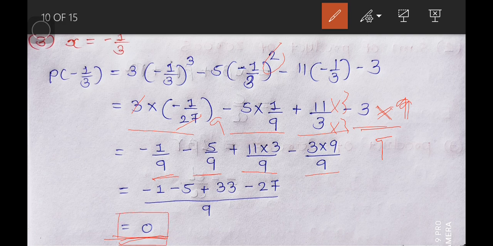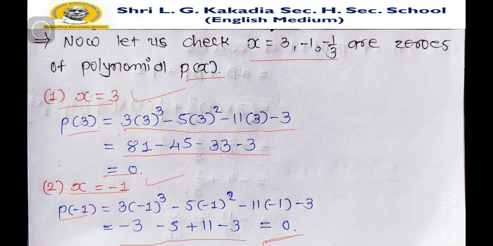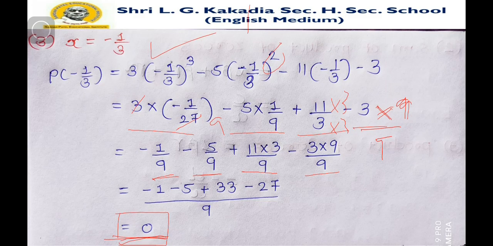So we can say that x equal to minus 1 by 3 is also a zero of p of x. So here we verified that x equal to 3, x equal to minus 1, and x equal to minus 1 by 3 are zeros of the given polynomial.